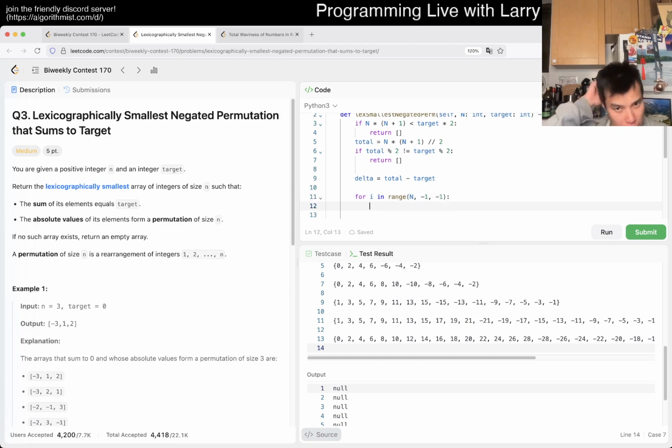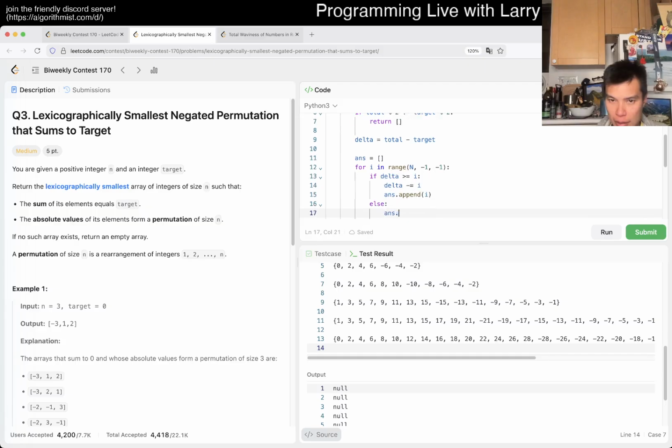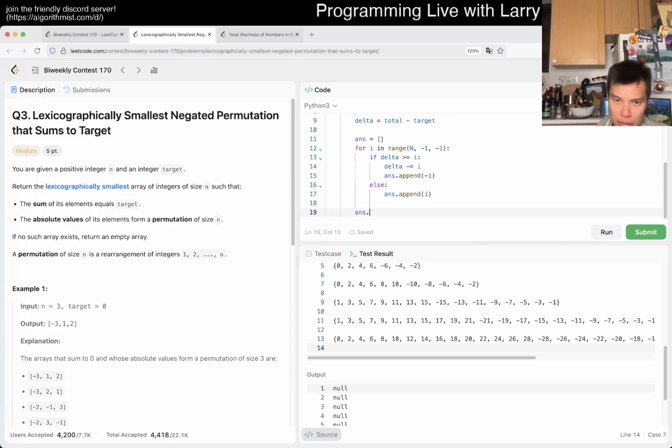I don't know if 0 counts, but if delta is greater or equal to i, then delta subtract by i, and then yeah, we just kind of do it that way, right? Else start minus i, and then we sort the answer, and then we just return it, something like that maybe.